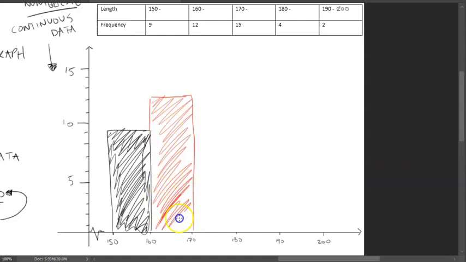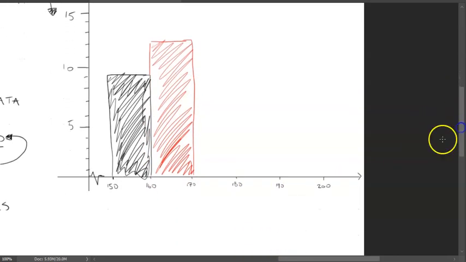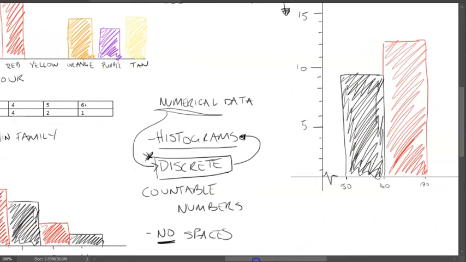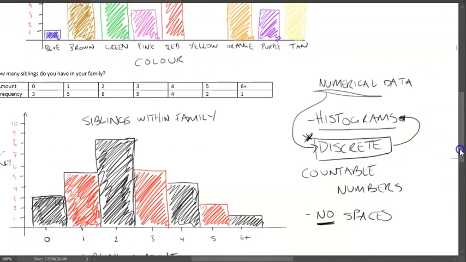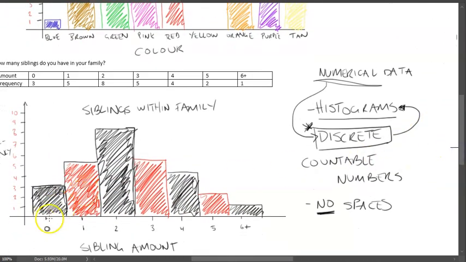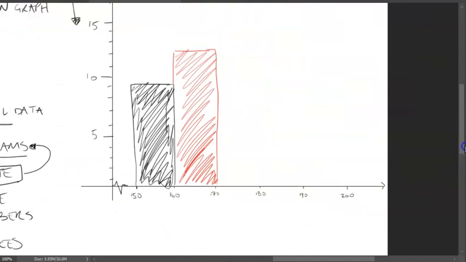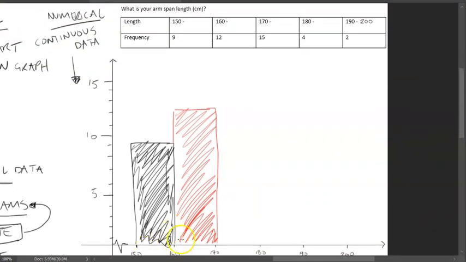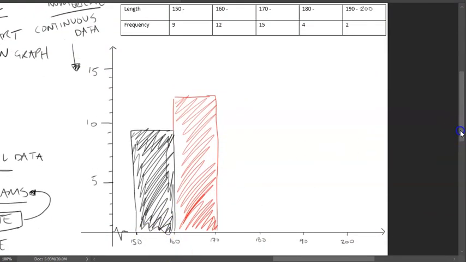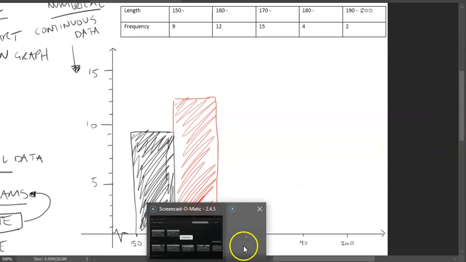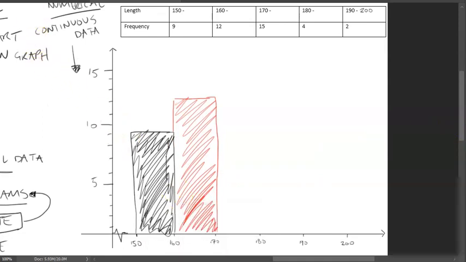Okay, again, no spaces, but if you can comparatively see the difference between that and this one here, these numbers are in the middle because they're dealing with discrete. These numbers here are chunked at the start and the end of the bar, because they're continuous. Alright, software editing, do your magic.